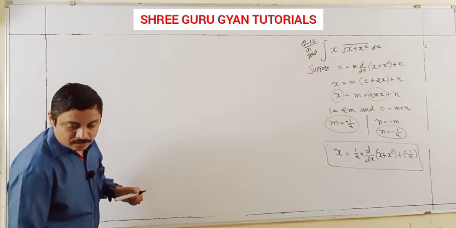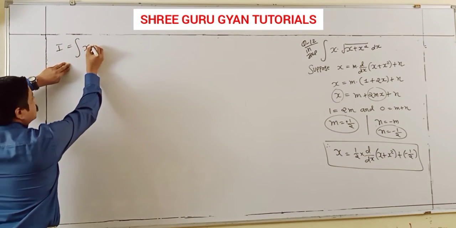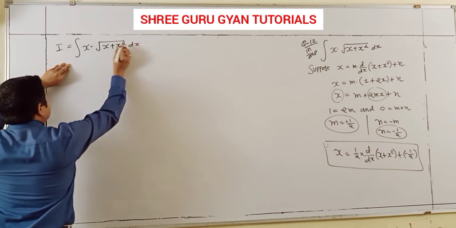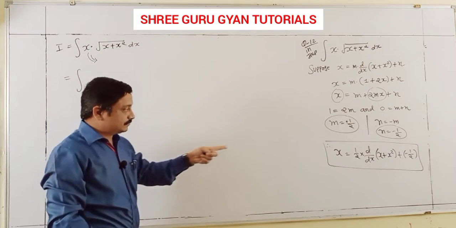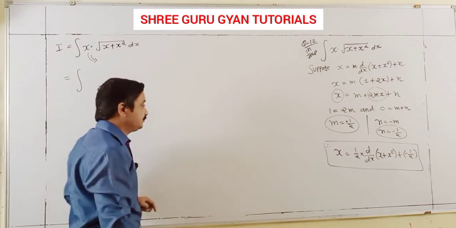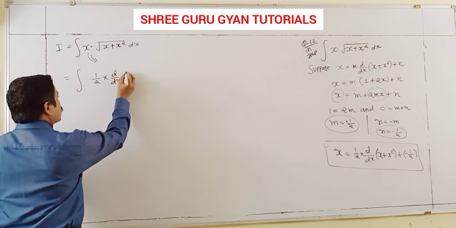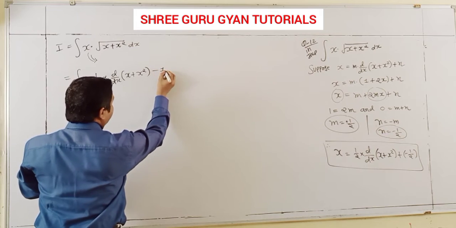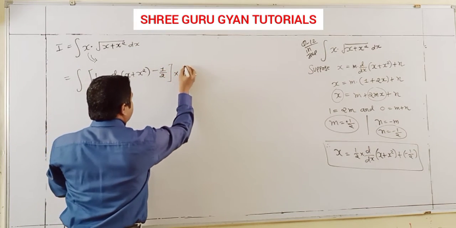So our integration of x into root x plus x square dx, this x, students, I know is half d by dx of x plus x square, and n is minus half, and these are the same.